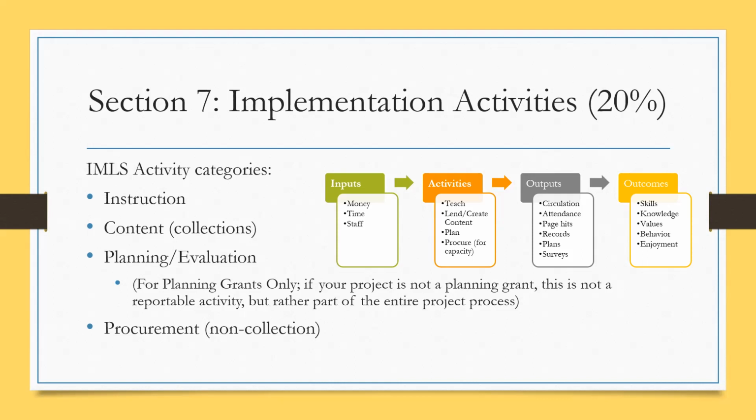Everything that makes up your project can be sorted this way. And so we ask you to do that in the application so you can just start to get a feel about how you need to report it. And I think it helps too, because if you have this big project, it helps to be constructed, right?